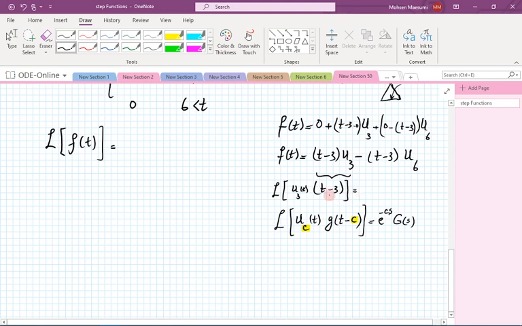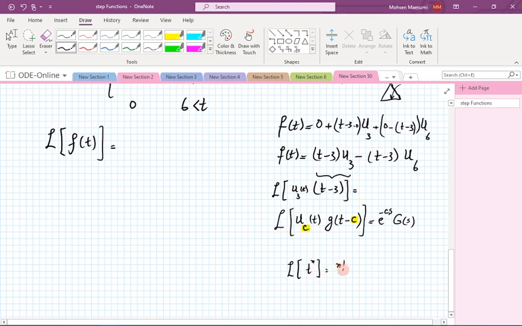then what I do is that I take, for a second, ignore the step function, ignore this delay, just focus on that function, in this case t. Remember what was the Laplace transform of that. So remember, Laplace transform of t to the n, what was that?